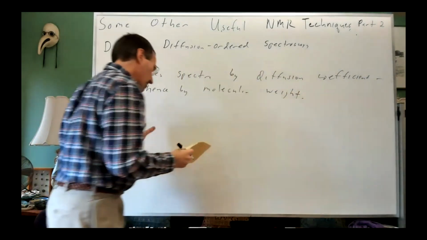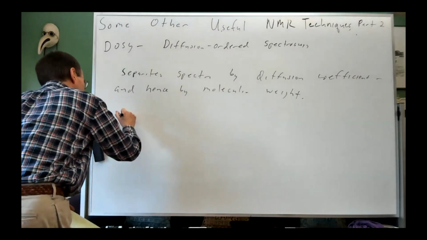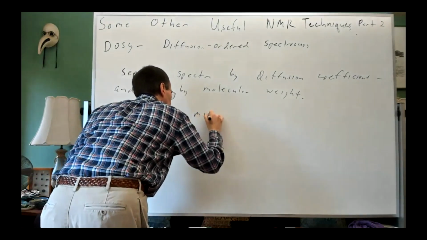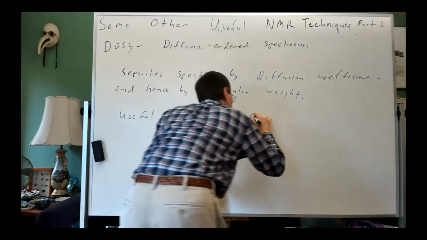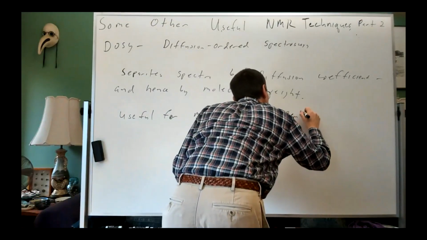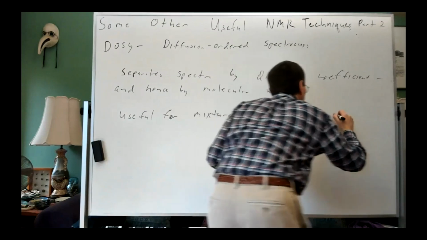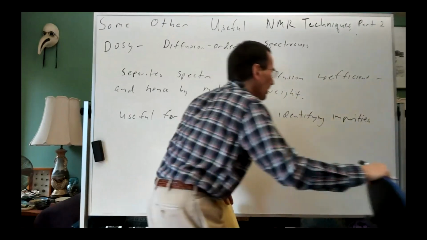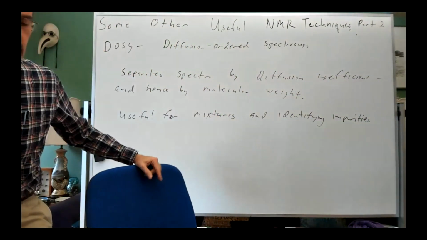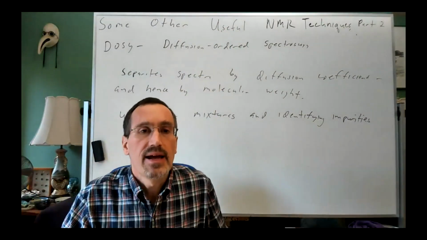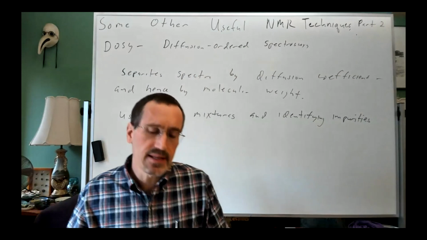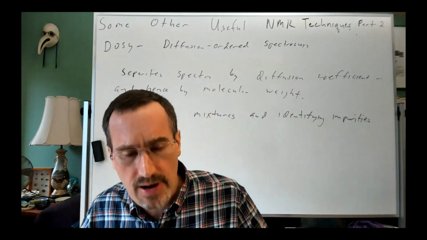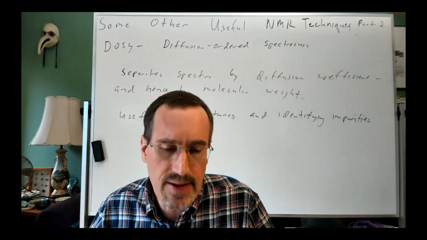So it's useful for mixtures and identifying impurities. For example, let's suppose that you have some extra peaks in your NMR spectrum and you're trying to understand what's causing them, and you think that they are from, say, a reagent or a byproduct of the reagent, and they're not your main molecule.